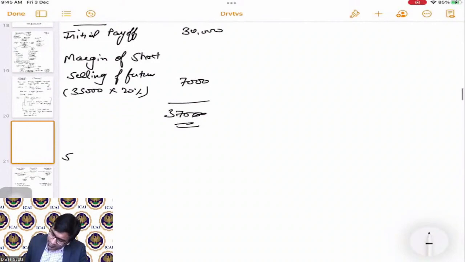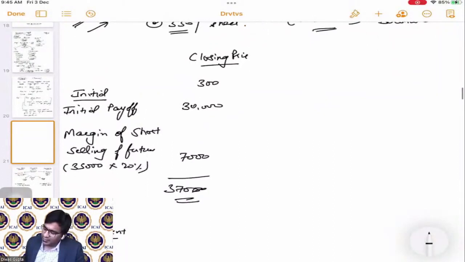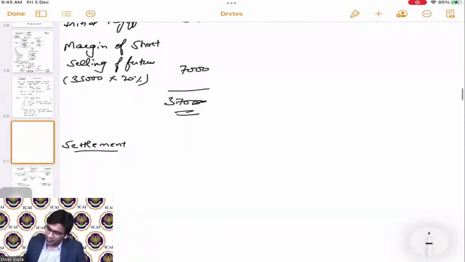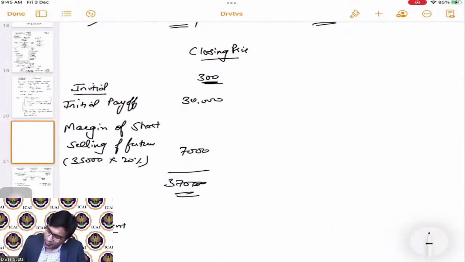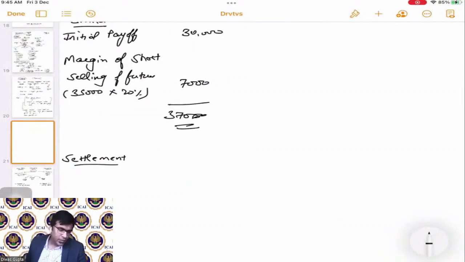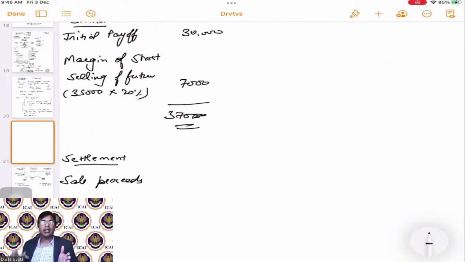And now this is the settlement price. See, at the time of settlement, if the closing price is 300, how much will you be able to realize by selling the actual equity shares that you have? 30,000, correct? Because this 300 rupees is the closing price on settlement. So the sale proceeds from the actual equity shares: see, in this situation, students, I have included both the spot market as well as the derivative market, so transactions are happening in both.